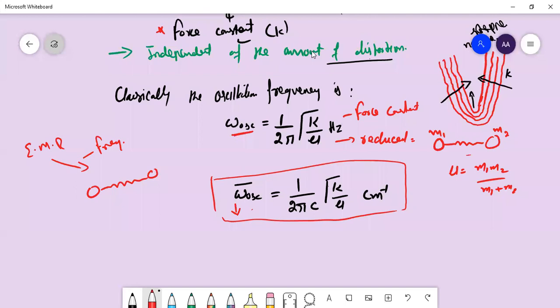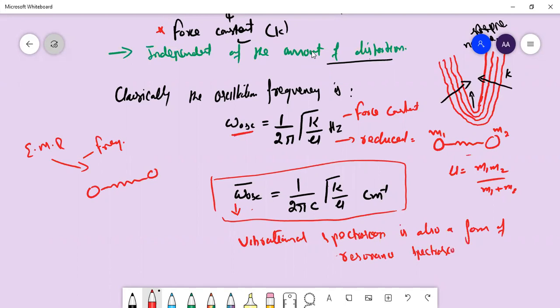So again, because these two frequencies are resonating, we can say vibrational spectroscopy is also a form of resonance spectroscopy. Why do we call this resonance spectroscopy?